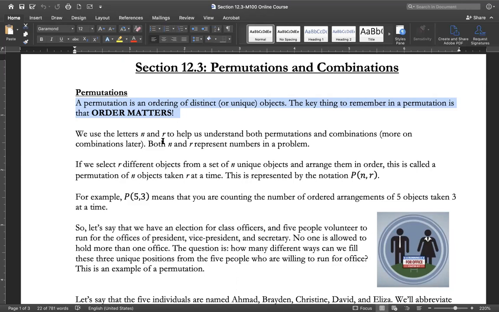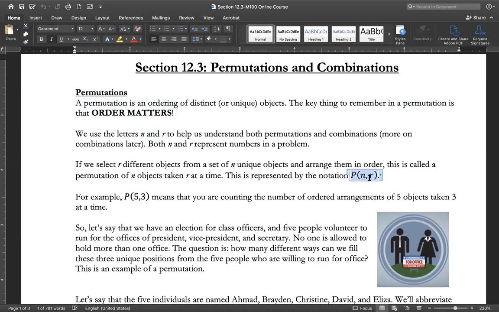Now we use the letters N and R to help us understand both permutations and combinations, which we'll talk about later. Both N and R are letters that represent numbers in a problem. So for example, if we were to select R different objects from a set of N unique objects and arrange them in order, that's called a permutation of N objects taken R at a time.